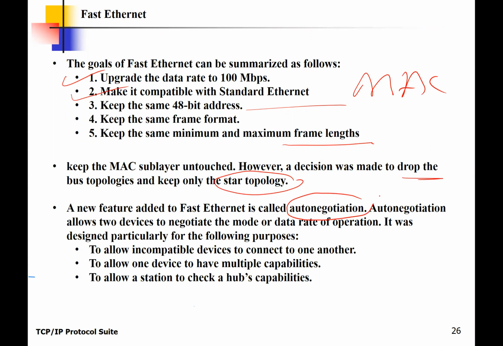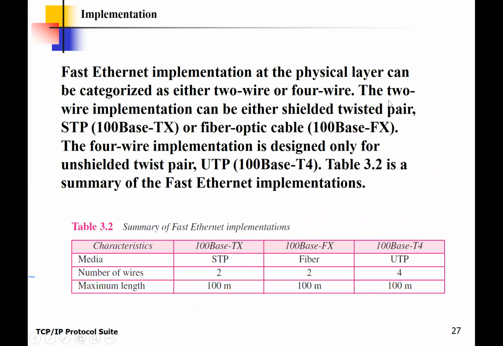What they did, they added this feature to be able to communicate with the other devices. All right. Again, the same concept here. The naming changed from 10 to 100 because it's 100 Base. So now it's handling 100 megabits per second. From the name, TX is just regular twisted pair, and it's up to 100 meters.